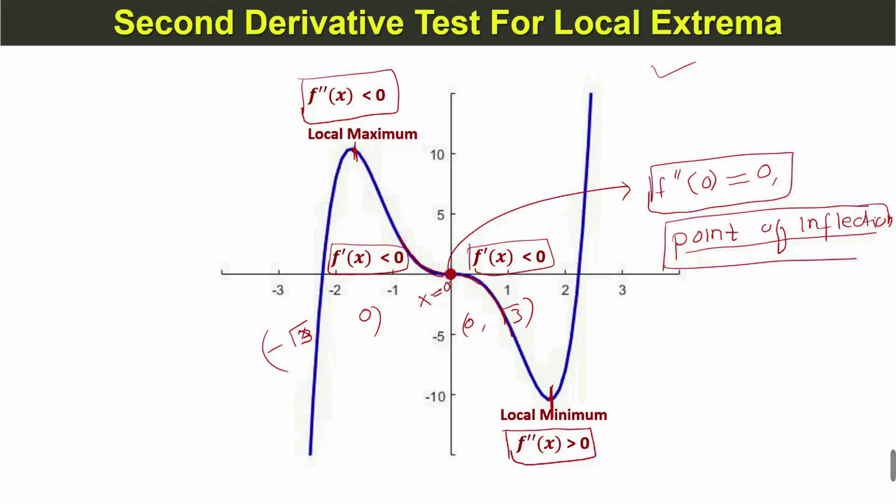So this is the point at which the second derivative is equal to 0. This means this is the point of inflection, and at this point the function is changing its concavity. So this is the second derivative test for finding the local maximum and local minimum value of the function.